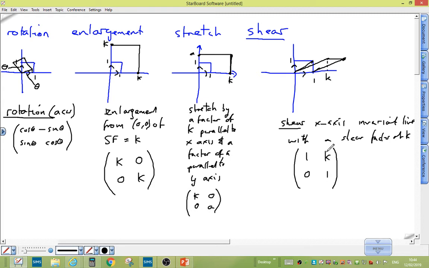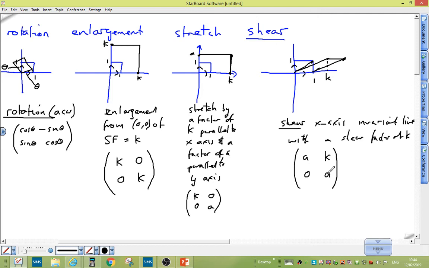Watch me now. If that wasn't 1, 1 and that was a, what has gone on? Two things have gone on. Not stretched. Enlarged, because I've used the same thing here.